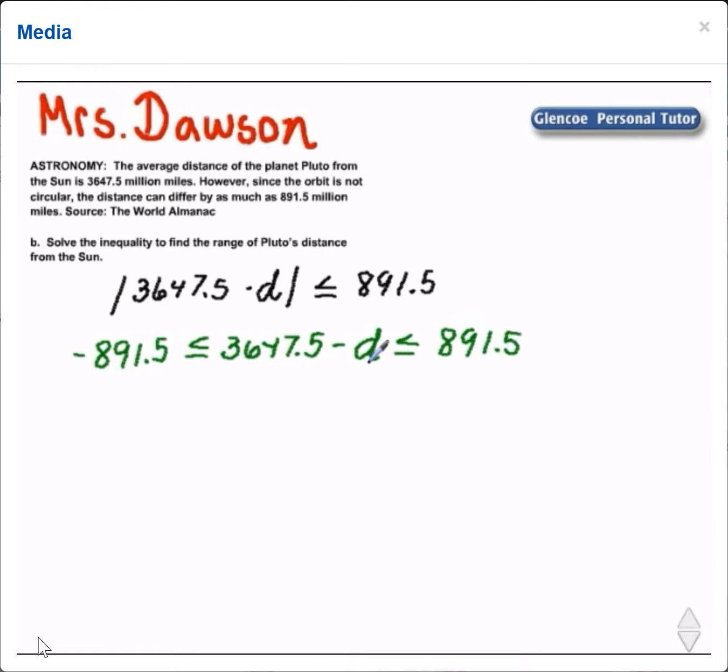We'd like to solve for D. If we isolate D, we need to subtract 3,647.5 from each piece of this inequality.